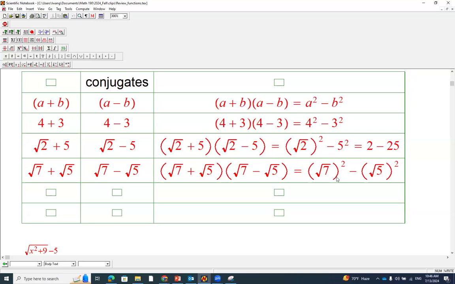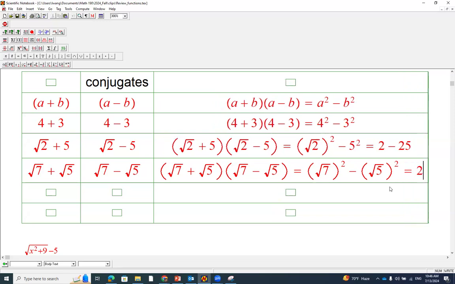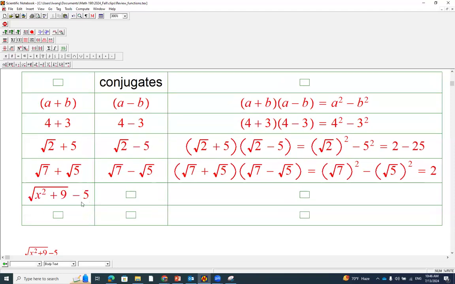Of course, root 7 squared is 7, root 5 squared is 5, and that's going to equal 2.